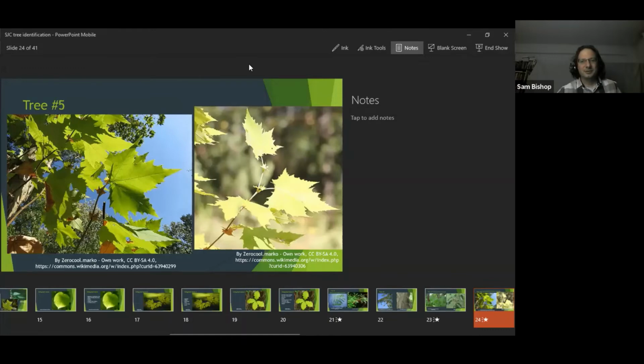So looking closely, we see that this is actually opposite or alternate. This is tricky because this is alternate.